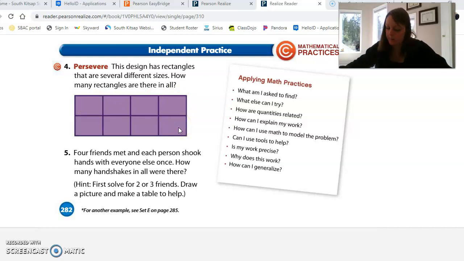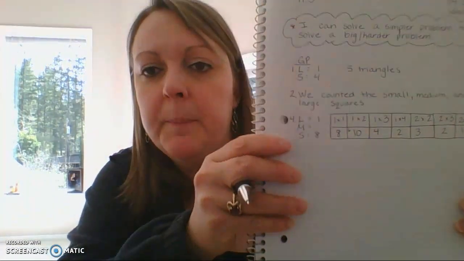Now I'm going to add them up. So 8 plus 10 plus 4 plus 2 plus 3 plus 2 plus 1. So I'm going to say it again. 8 plus 10. Maybe I should show you in full screen because then you can add it along with me.